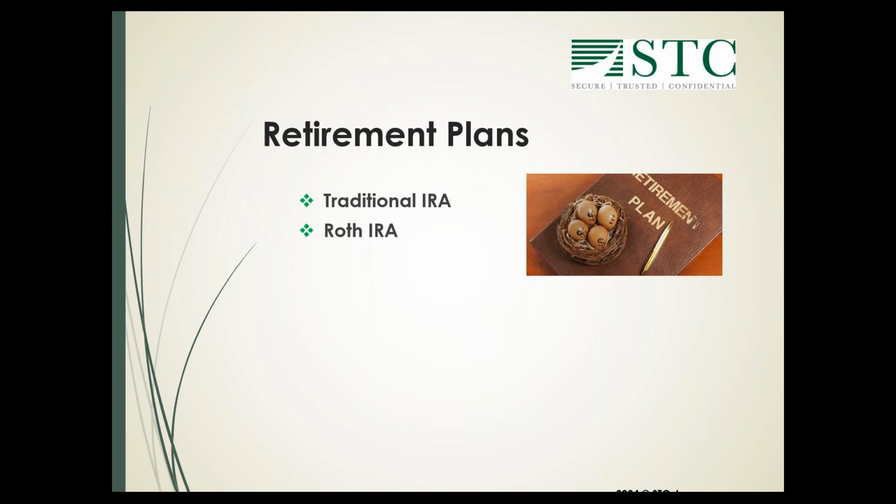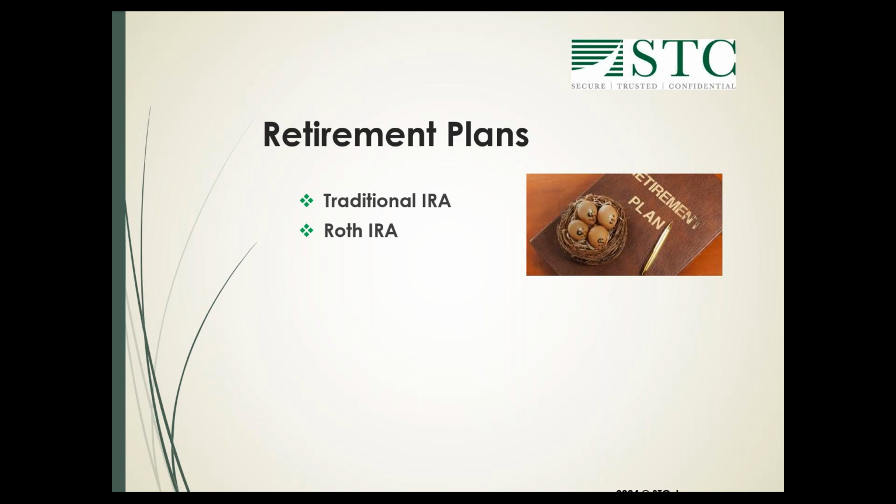You may have heard of traditional IRAs and Roth IRAs. Pretty common. Many people have these types of plans and make contributions from their earned income each year or whenever they wish. Now, the big difference between these two types of plans, they actually have the same contribution allowances or limits each year, which we'll talk about on the next slide.